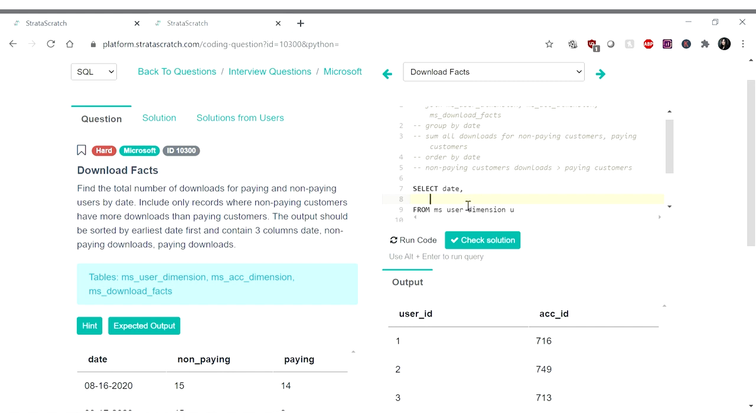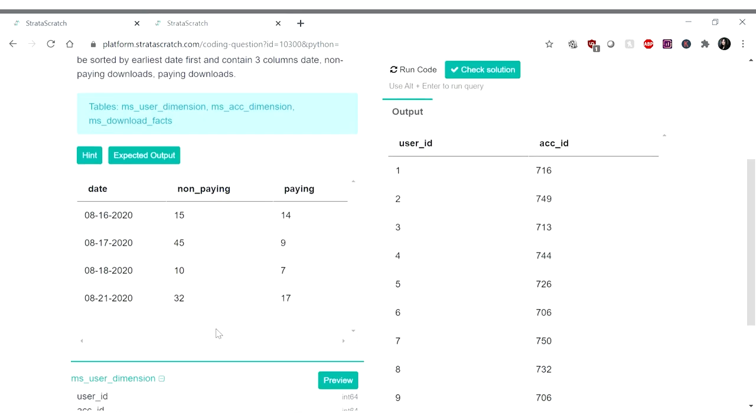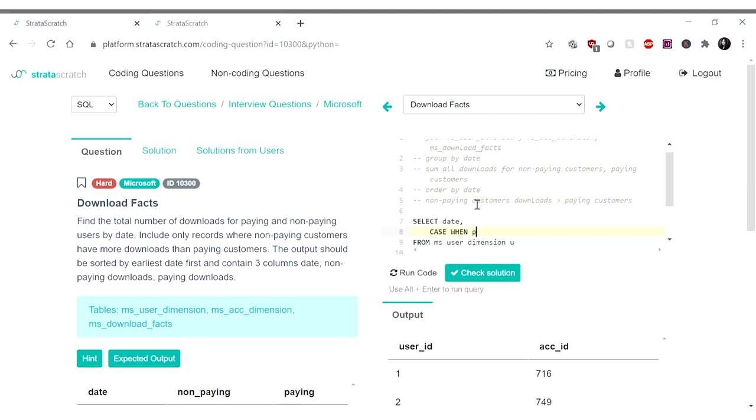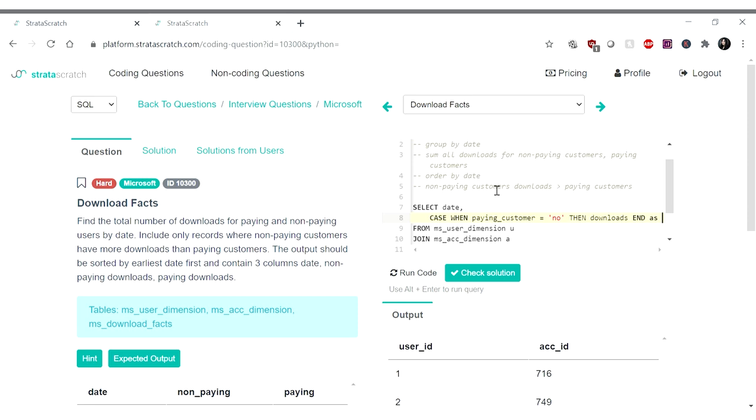Here we're going to need to use a case when statement: case when paying customer is equal to no, then downloads, as non-paying.